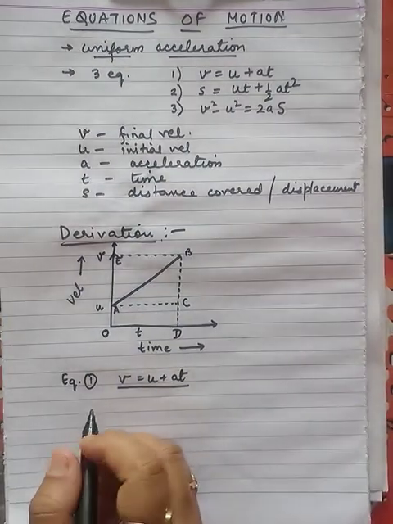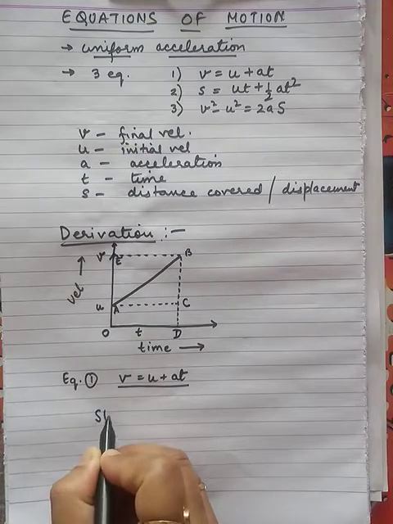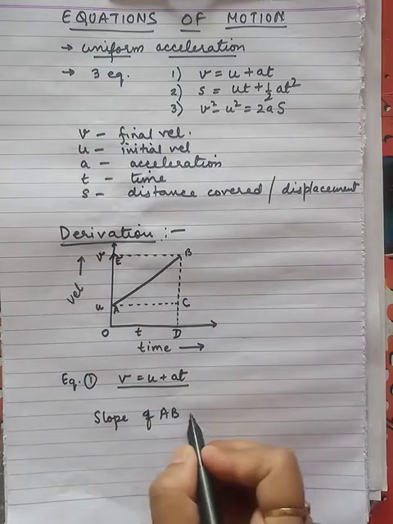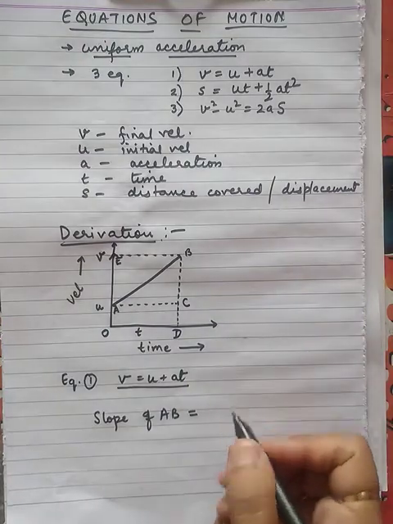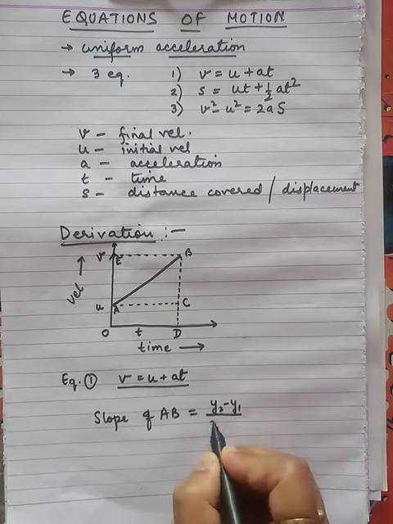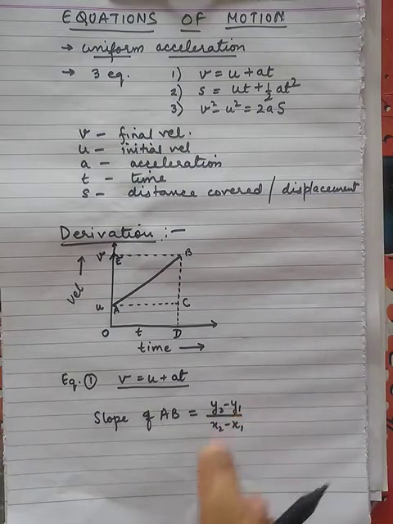So first of all, for finding this equation we will consider the slope of AB. What is the slope of AB? How to find slope? That is y2 minus y1 by x2 minus x1, we know this formula. What is y2 and what is y1?